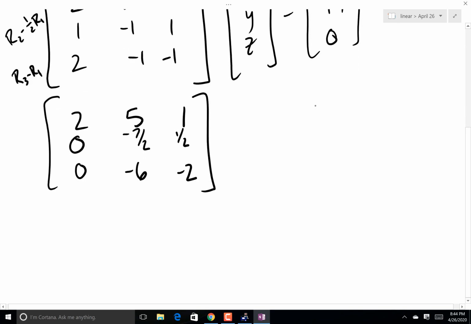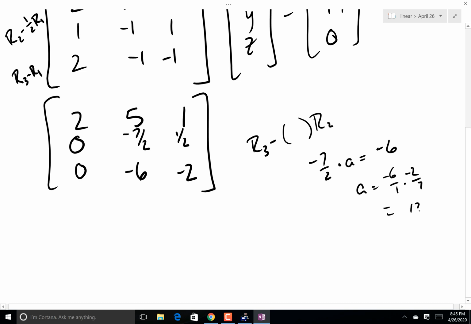Cool. So again, I'm going to take R3 minus something times R2. In other words, negative 7 halves times something has to equal negative 6, right? So if you divide, you're going to get 6 over 1 times 2 over 7, negative. So it's going to be 12 sevenths. Is that right?